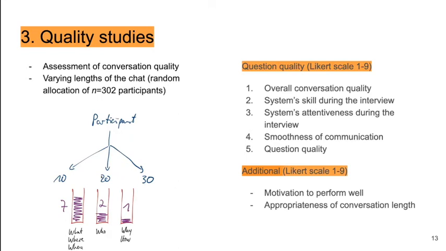And to test this, what we did is we had random assignment. Participants either got a chat with 10 questions, with 20 questions, or with 30 questions in duration. And then we asked them a set of quality questions. These were the overall conversation quality and the system skill during the interview, and they are adopted from cognitive interviewing.